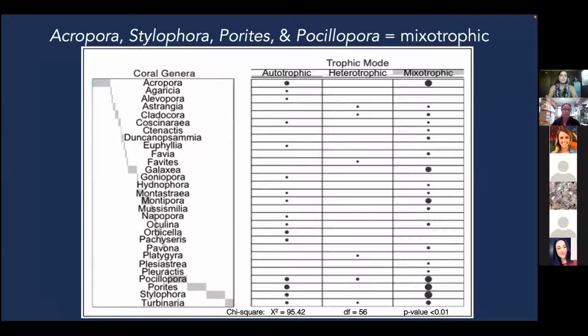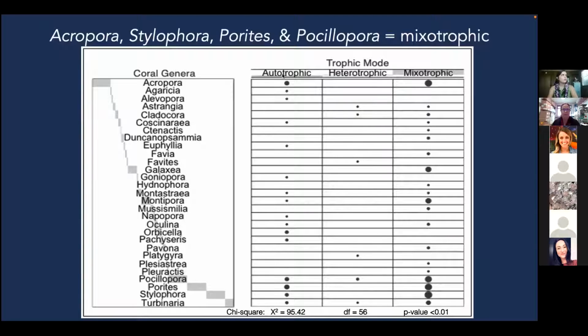When I look at these genera in relation to trophic modes, here we have the results of my chi-square analysis. This is a balloon plot. How you read this is there's coral genera on the Y, trophic mode on the X, auto, hetero, mixotrophic, and test statistics down here.